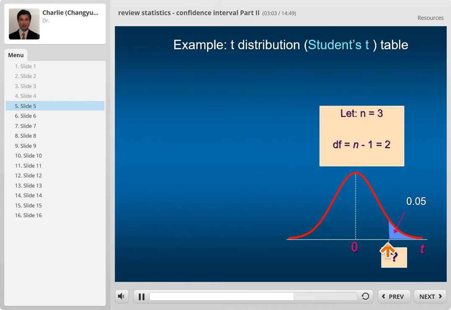Now, we assume that the sample size equals n. For all the t distributions, degree of freedom equals n minus 1, which equals 2 here. So n equals 3, 3 minus 1 equals 2.